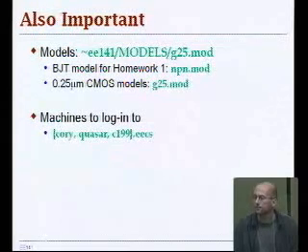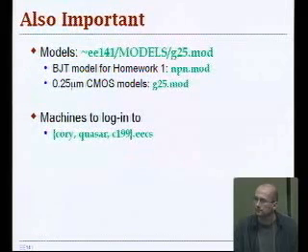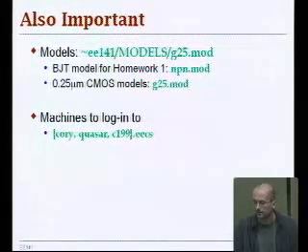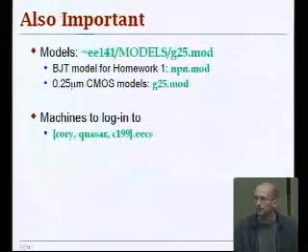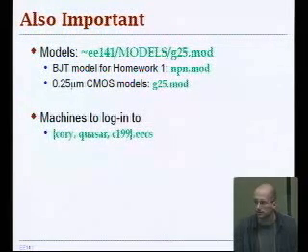Yes. This quarter micron CMOS model is specified as G25.mod, but in the second part of the homework, there's a model named SCMOS.mod. Is it different from this? That's right. That's a good question. So the question is whether this model G25.mod is different from the NMOS model that you will be using in the second part of your homework.